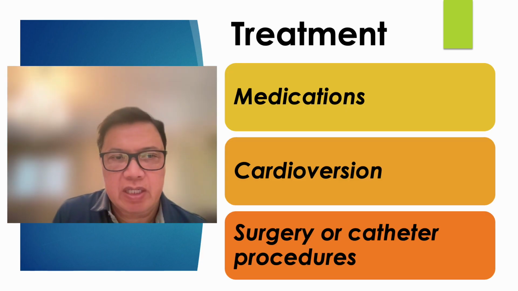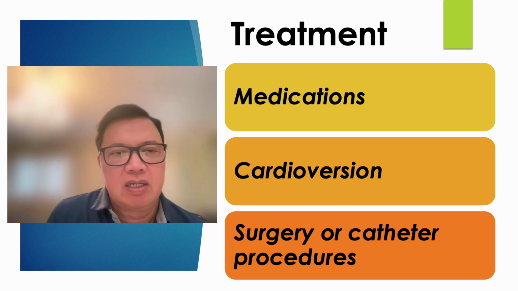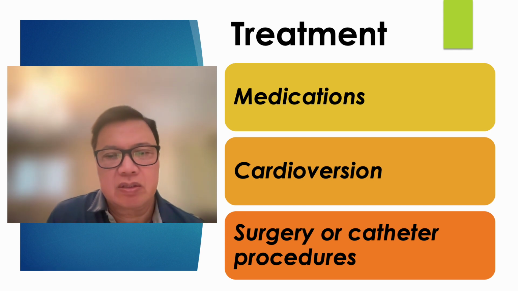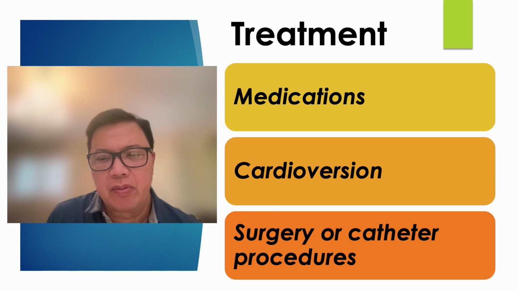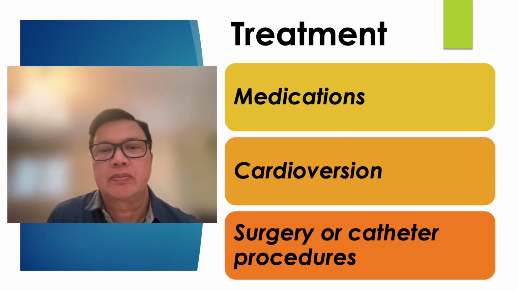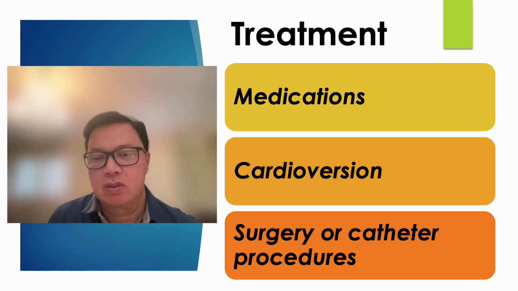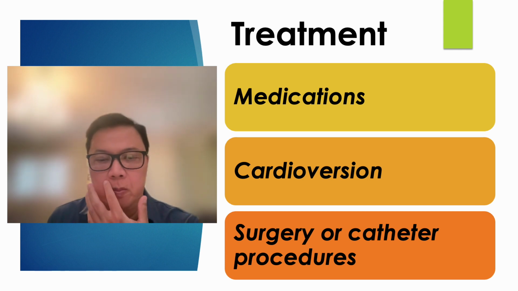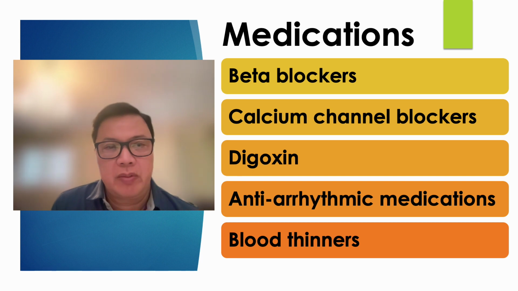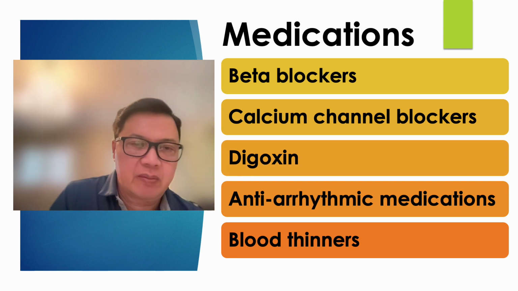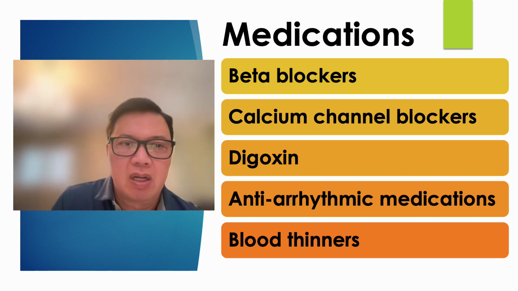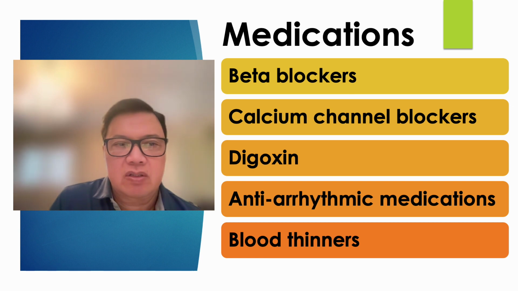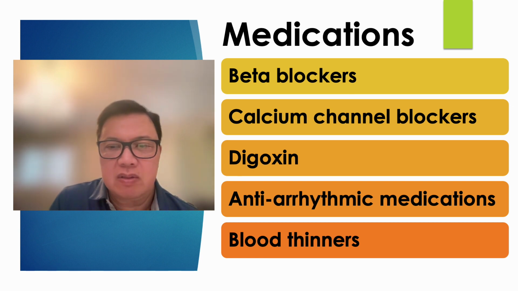Treatment includes medication, cardioversion, and surgery or catheter procedures. The medications we use are usually beta blockers like metoprolol, calcium channel blockers like diltiazem, digoxin, and antiarrhythmic drugs, which include amiodarone, sotalol, and flecainide.